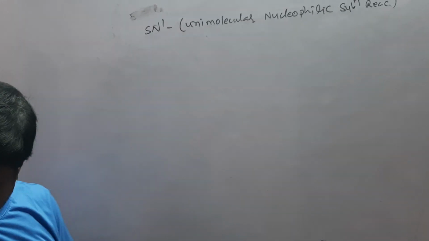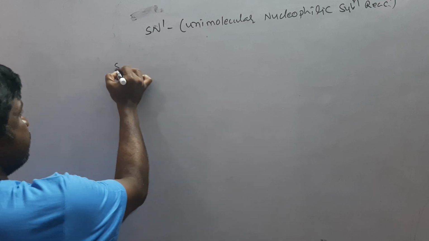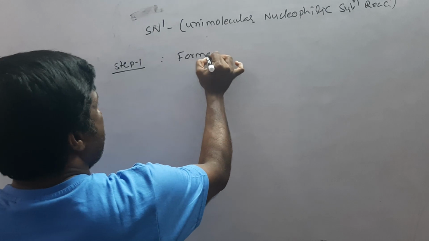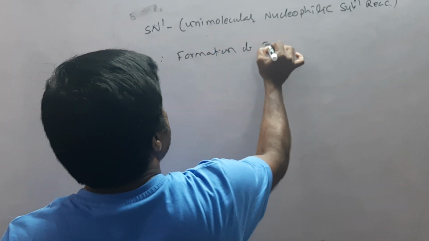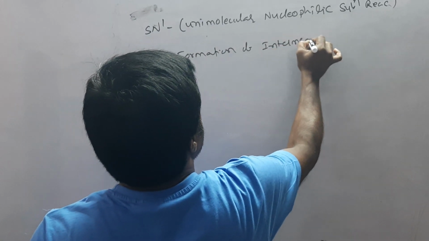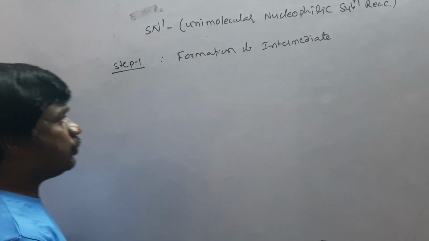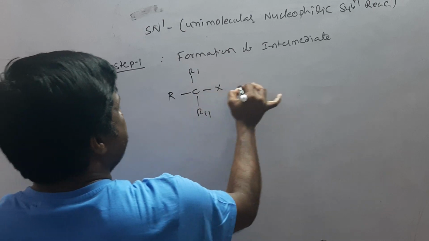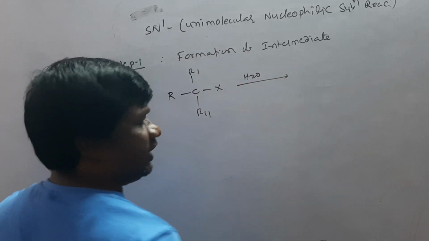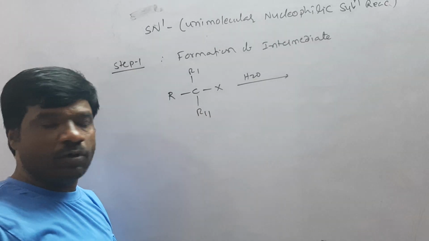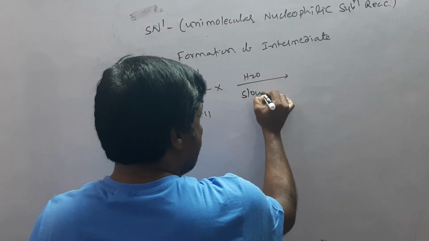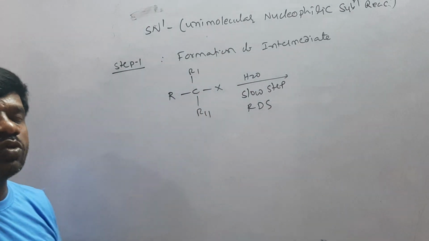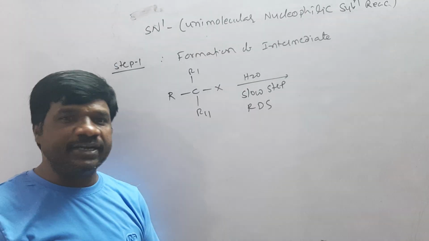The alkyl halide is soluble in the polar solvent. It is a slow step, the rate determining step. A slow step is always considered the rate determining step.